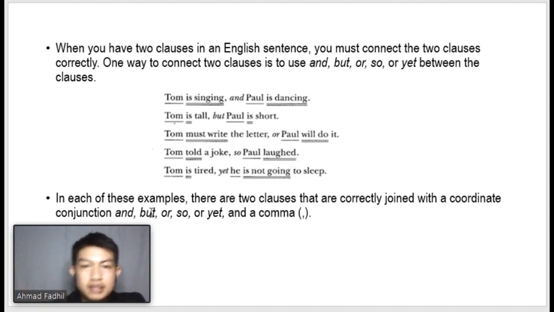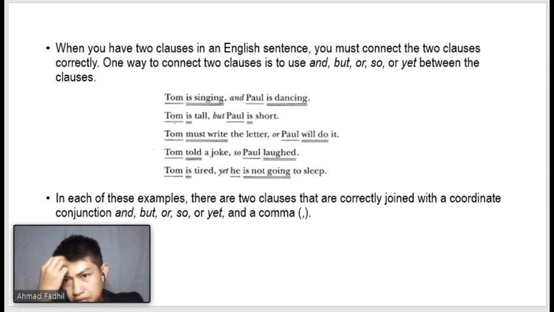And in these examples, we can see there are two clauses and the connectors they are using are and, but, or, so, or yet. And you can see every sentence always has a comma before the connector and after the first verb.